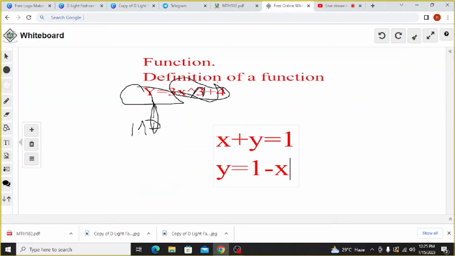Let me do it like this. Example, assuming we have y equal to 3x square plus 4.